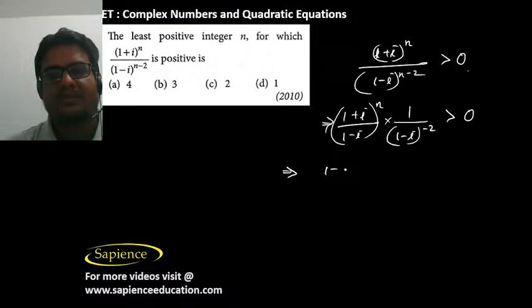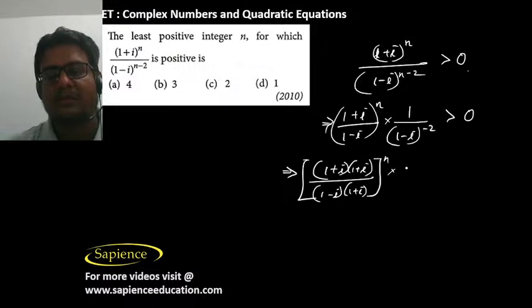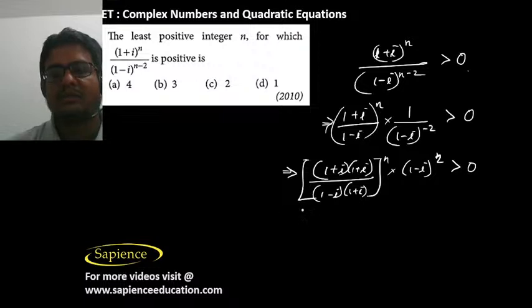(1 plus i) into (1 plus i) by (1 minus i) into (1 plus i) whole power n, into (1 minus i) whole power 2, that should be greater than 0.